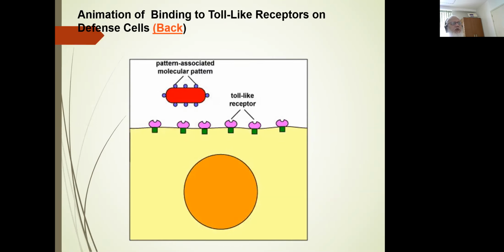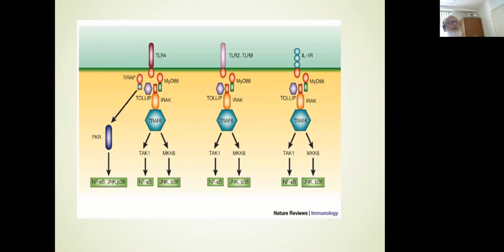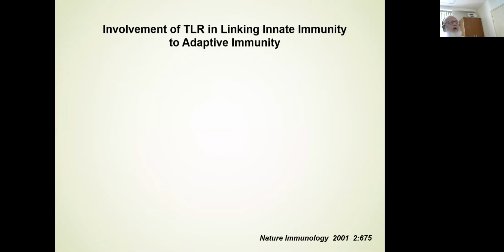Previously there was endocytosis, but here it will not lead to endocytosis. It will just lead to activation of the cytokine gene. This cytokine will produce receptor. This is how toll-like receptor links innate immunity to acquired immunity.